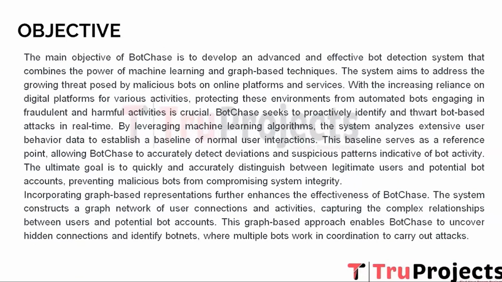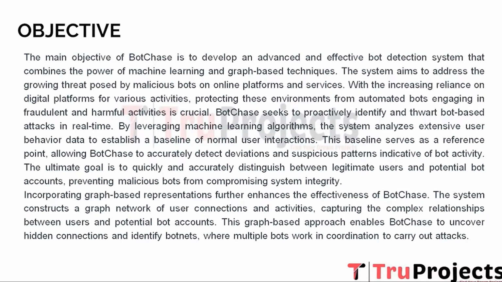So, our main objective of BotChase revolves around developing a proactive, accurate, and adaptive bot detection system. By harnessing the potential of machine learning and graph-based techniques, the system aims to safeguard digital environments, making them more secure and reliable for users and organizations.